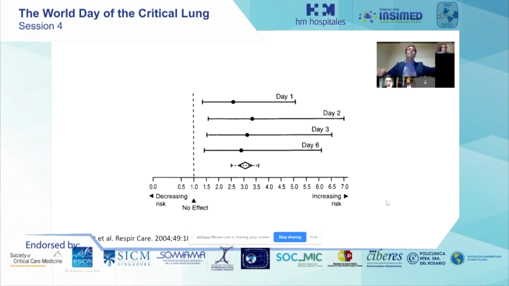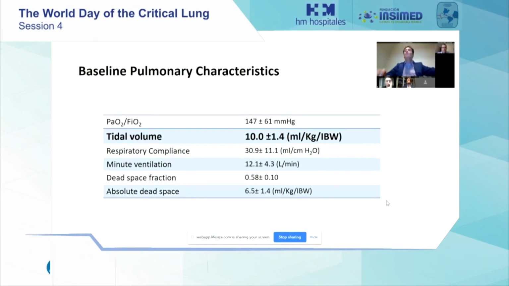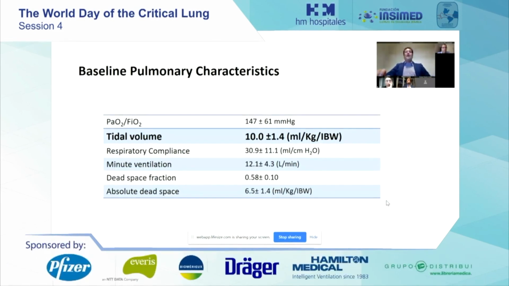An important point to highlight from this study is that these trials were done with tidal volume around 10 milliliters per kilo of ideal body weight. That could be the source of high dead space fraction because of alveolar overdistension and low cardiac output.